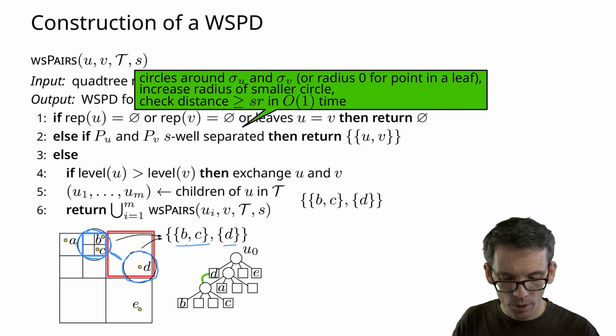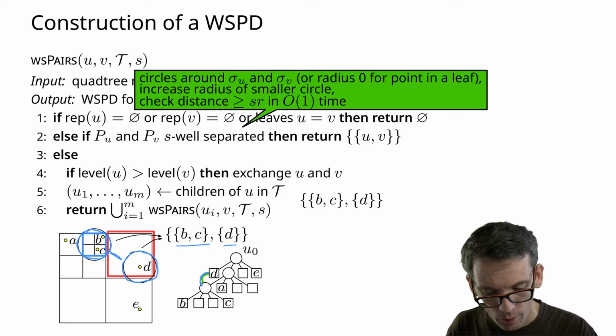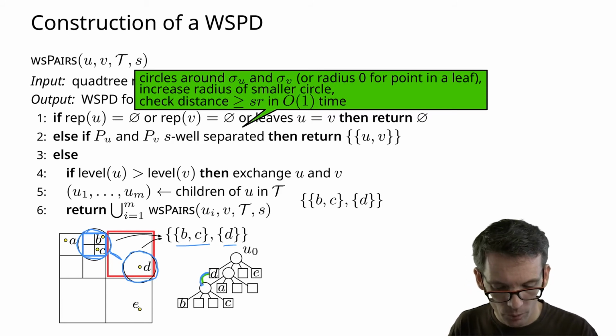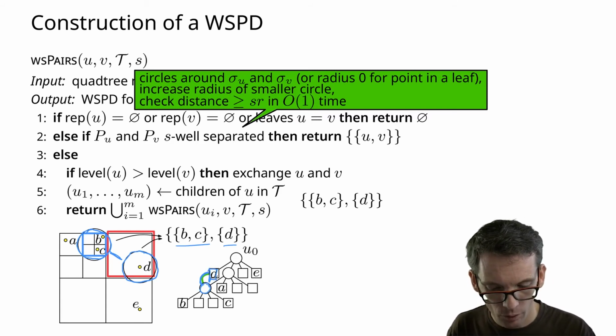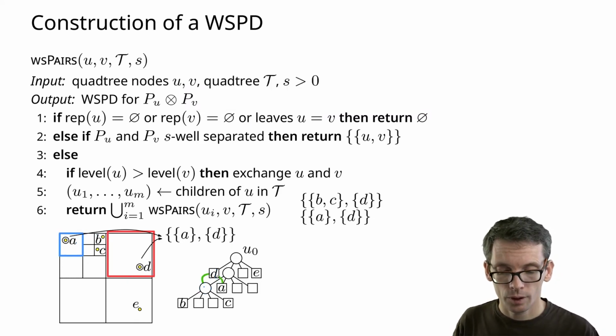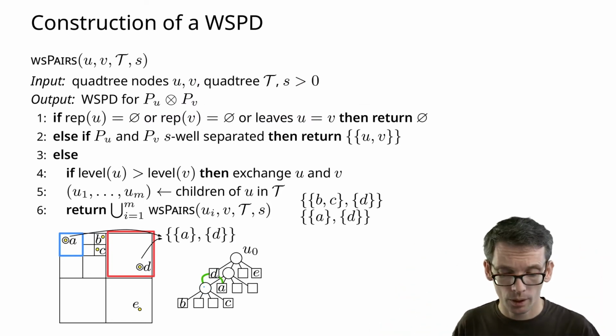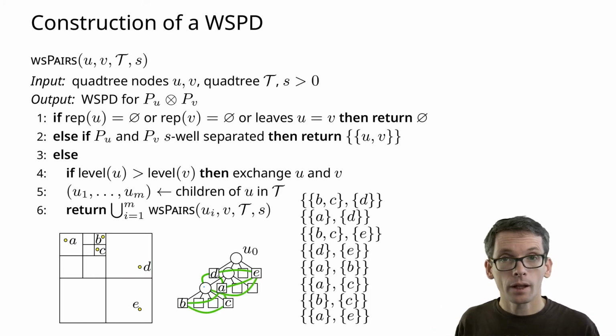I'm going to represent it simply as a pair of quadtree nodes. So this node and that node. And then I continue. So for instance, A and D, they are both singletons. So then I get arbitrarily small square disks. They are definitely well separated. And then this is my complete list.